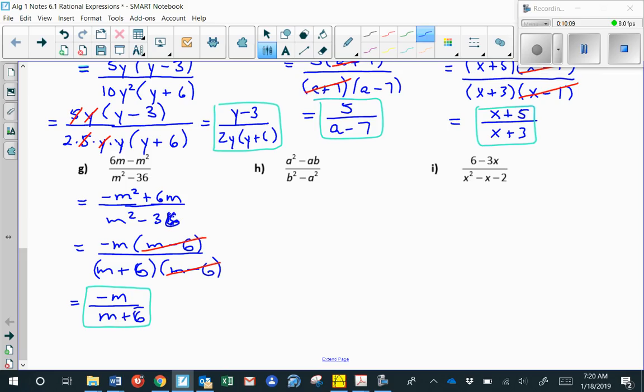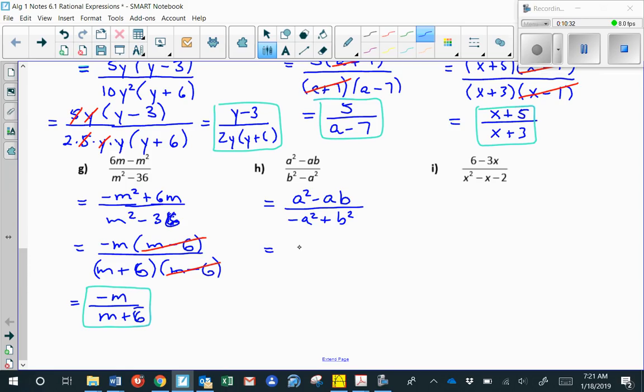In H, we'll have to do something similar as well. The numerator is in descending powers of A, so I'm going to leave that one alone. The denominator is not in descending powers of A, so I'll rewrite it in descending powers.